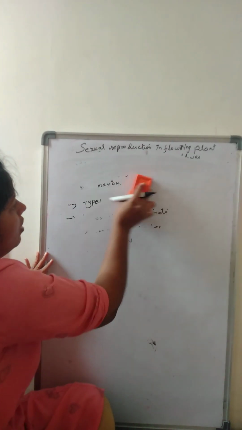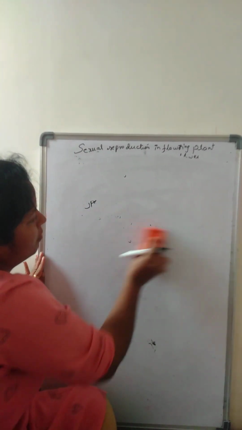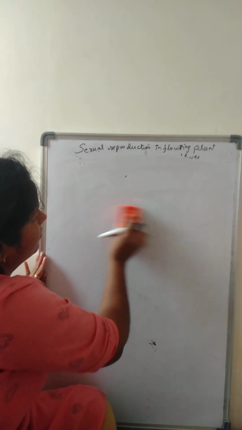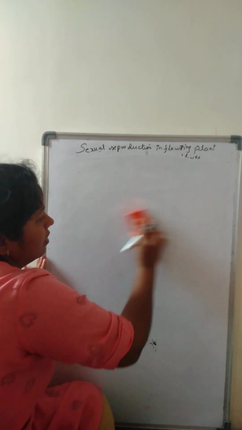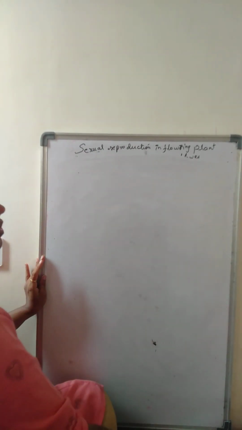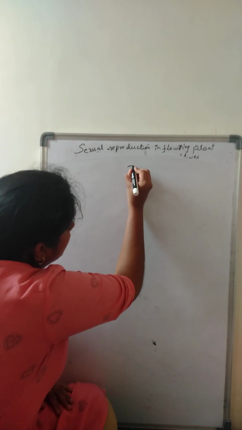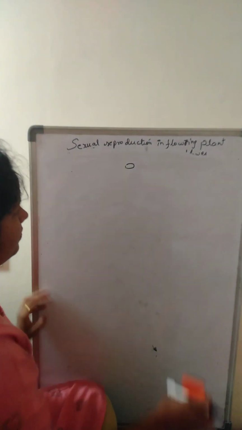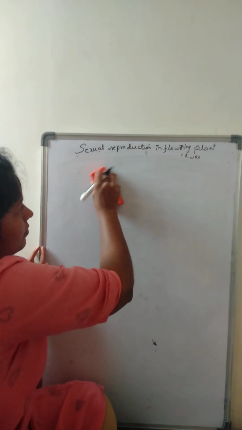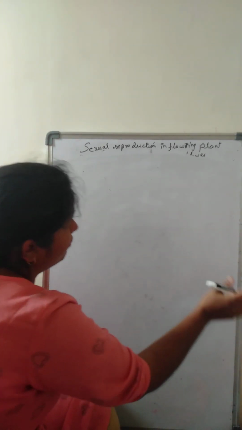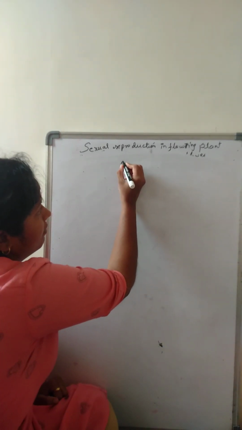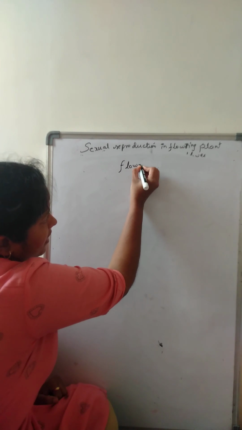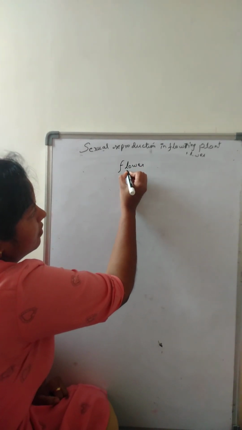Okay, now let us see the structure of male and female flower. Actually, if you see, flower is of two types.